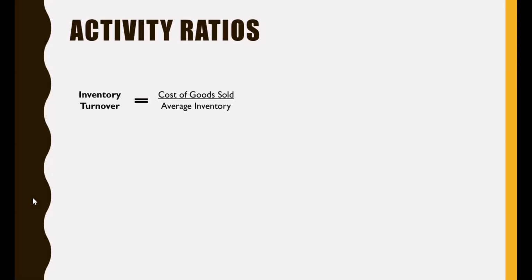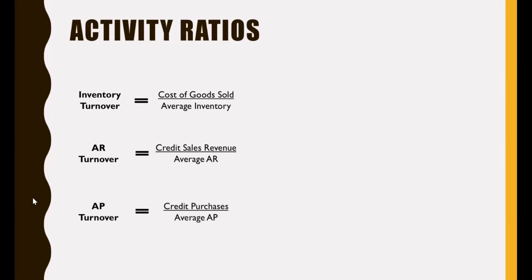So same, balance sheet item and income statement item. AR turnover, credit sales revenue divided by average accounts receivable. And then accounts payable turnover, credit purchases divided by average accounts payable.